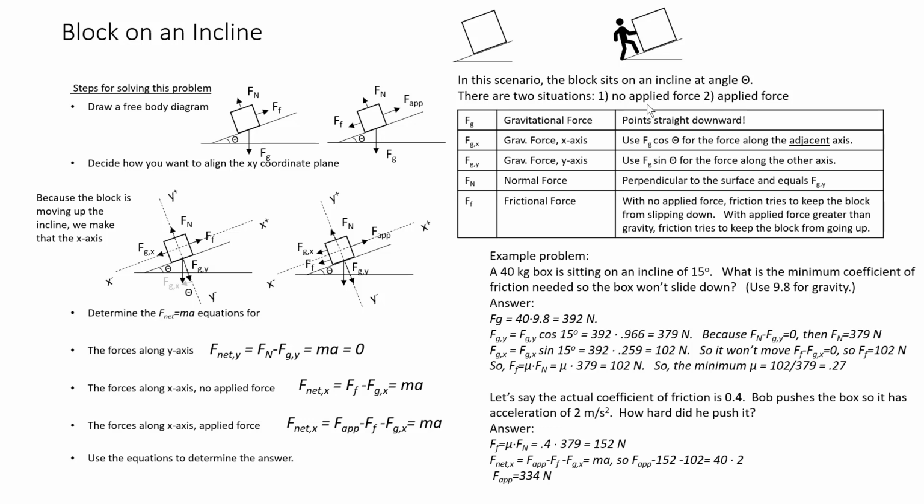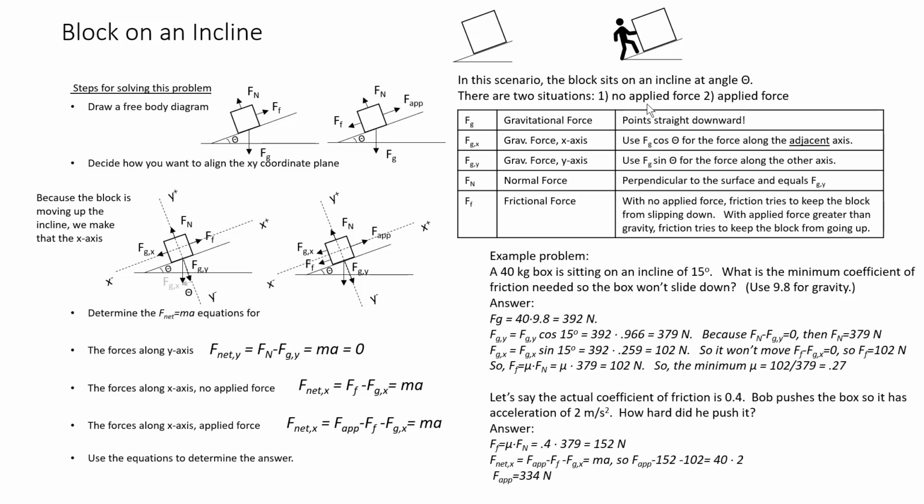What we're doing is rotating the x and y-axis. So we're rotating the x-axis off horizontal by theta to the incline. At the same time, you're going to rotate the y-axis off downward, and it also rotates by theta. So the difference between the gravitational force and the y-axis is theta.